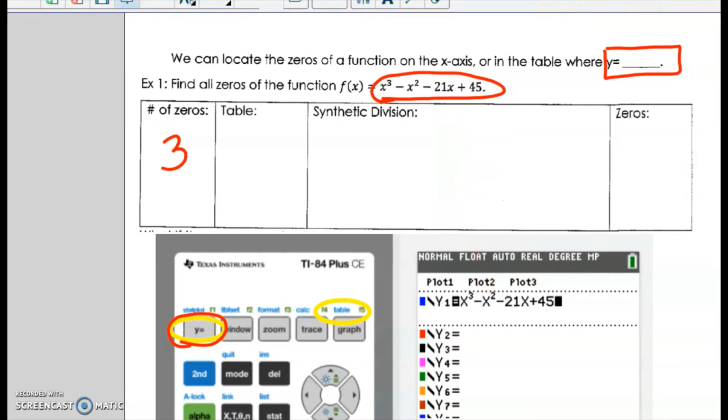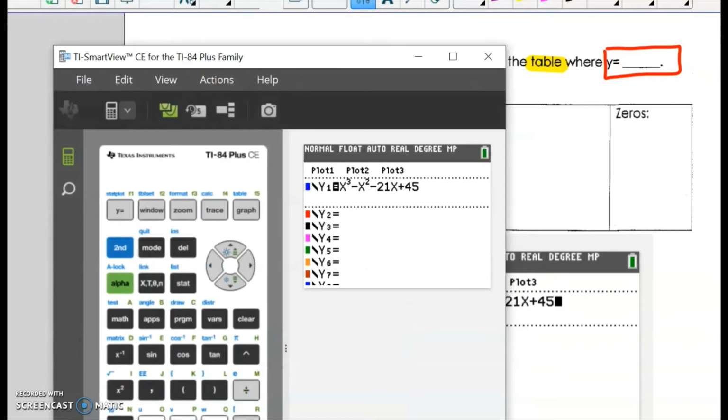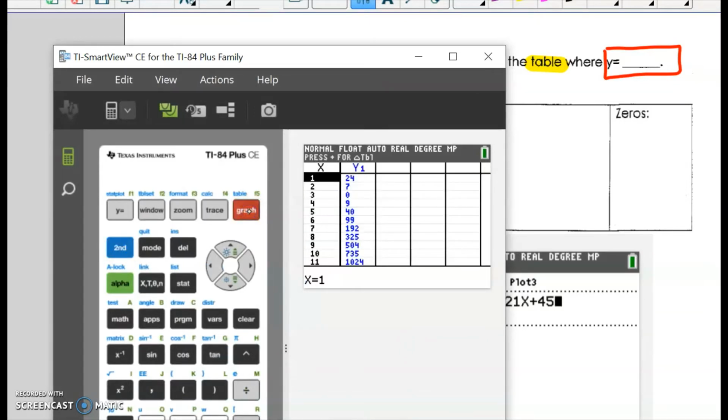Get rid of all this. And then we go to the table. So in the directions up here, it says to go to the table. So right here, table. And the table, I've also got that highlighted, is right here. So that'll be second graph. So here's my calculator. We hit the second button, hit the graph button, and we get a table.